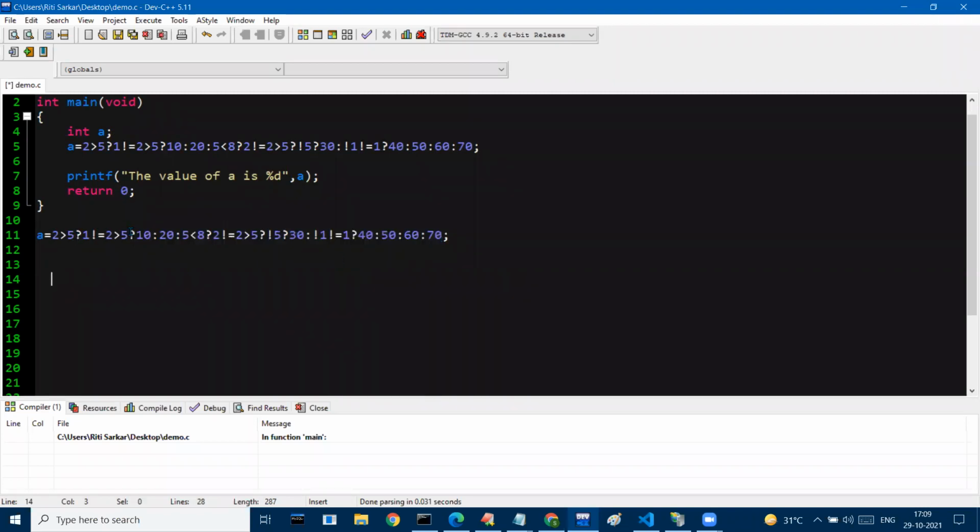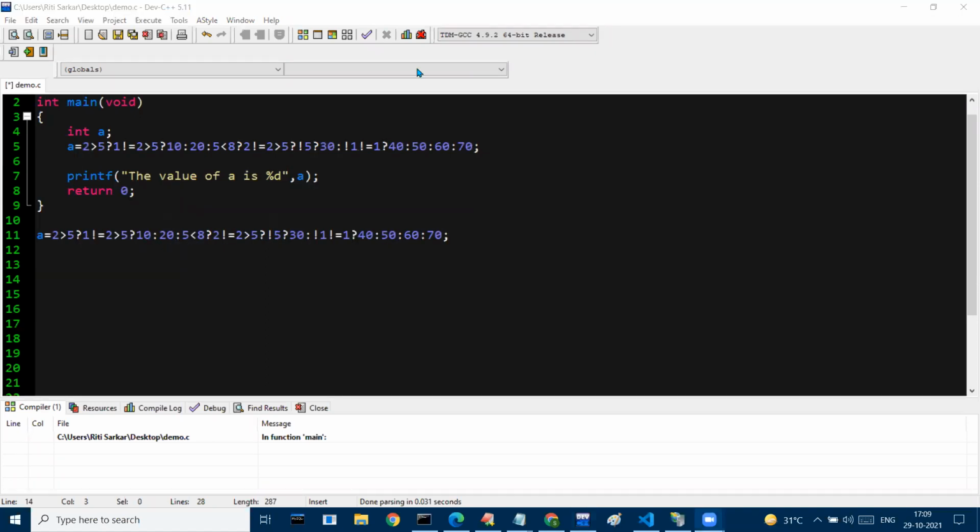One question mark, two, 3, 4, so I must have 4 colons. Then, 1, 2, 3, 4, 5, 6.